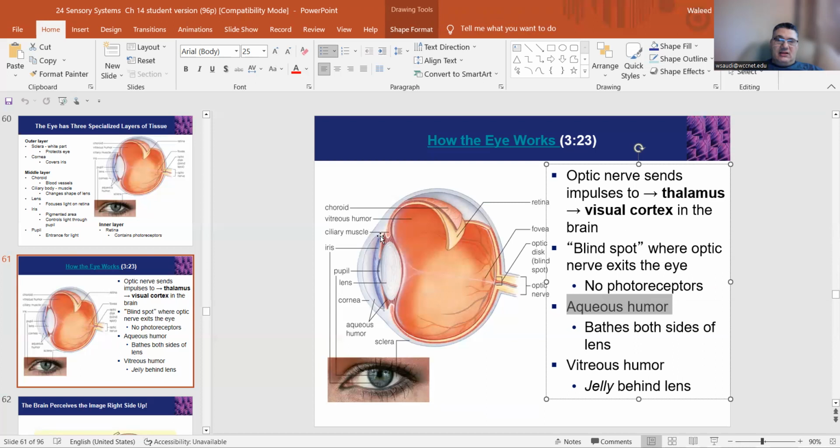So again, there is a small anterior cavity filled with aqueous humor. What do you mean anterior cavity? Anterior to the lens. Filled with aqueous humor, watery. How about the posterior cavity? Posterior to the lens. It's filled with vitreous humor, jelly-like or jello-like.